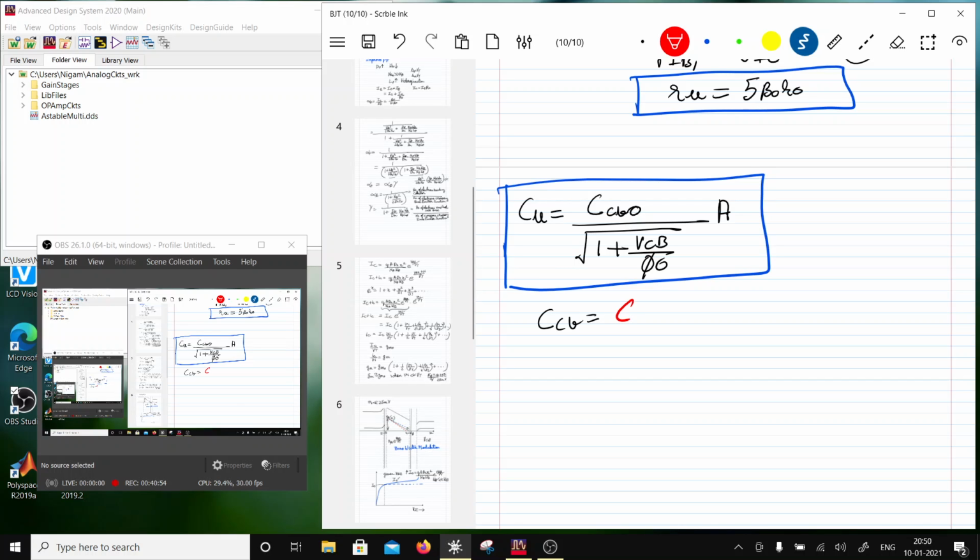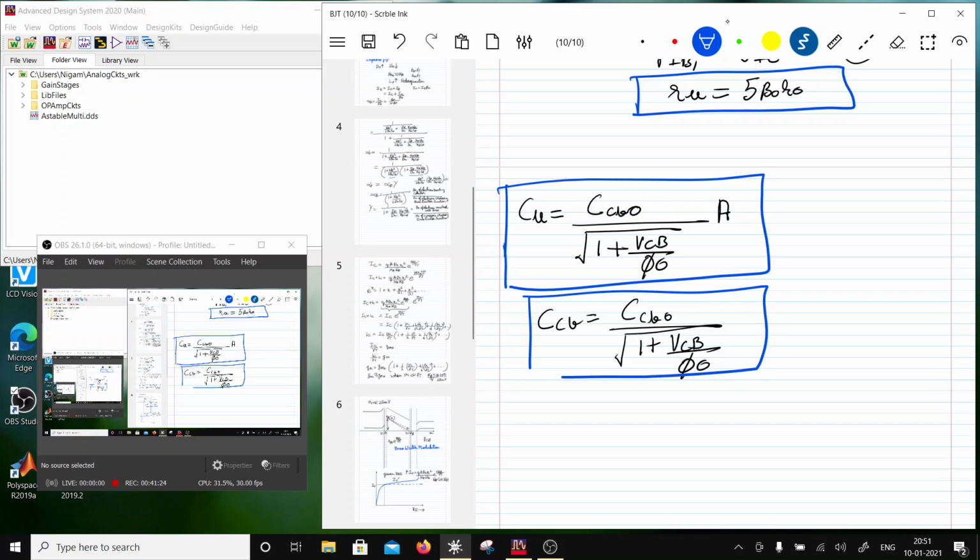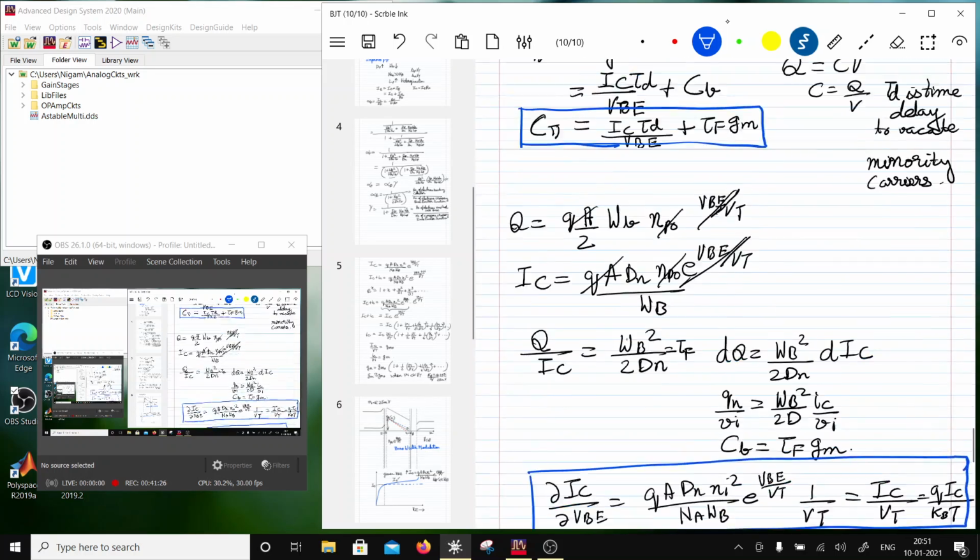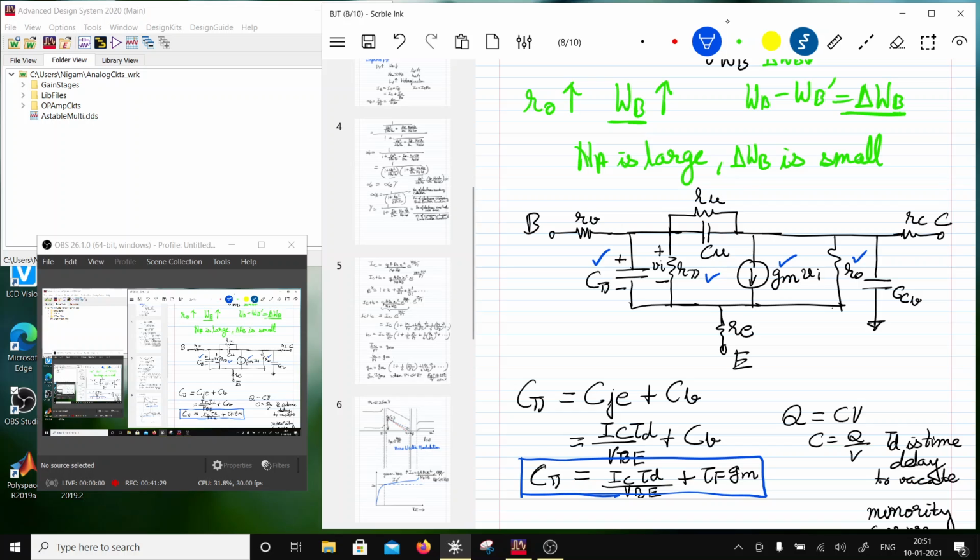CB will be CB0 divided by, again, 1 plus VCB, which is the same as VCE, which would be the major component, by xi 0. Okay, so this would be your output capacitance.